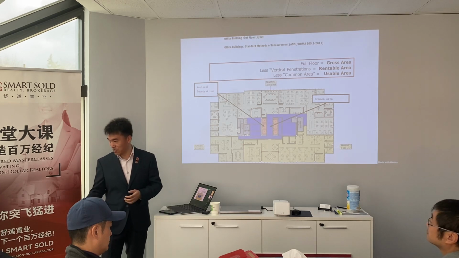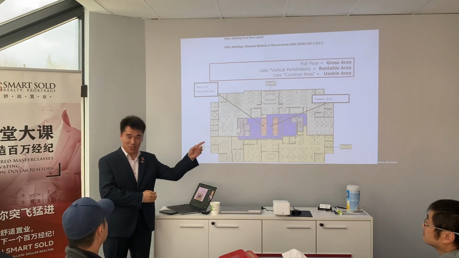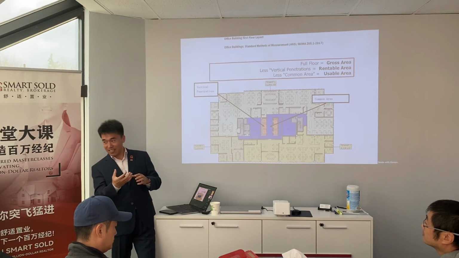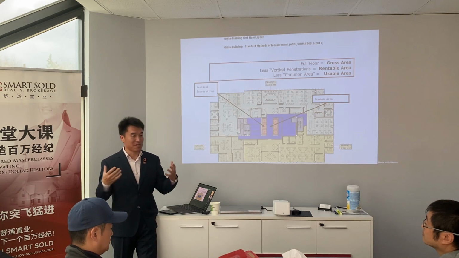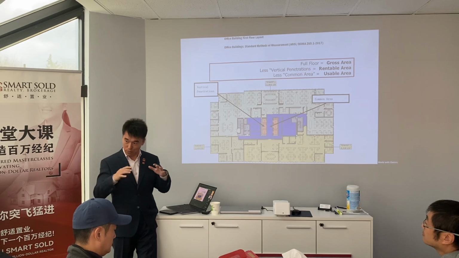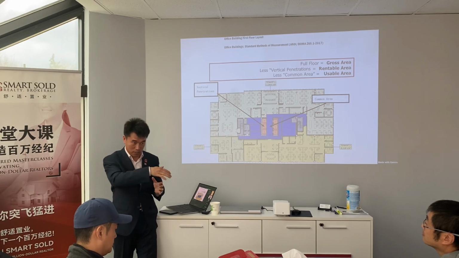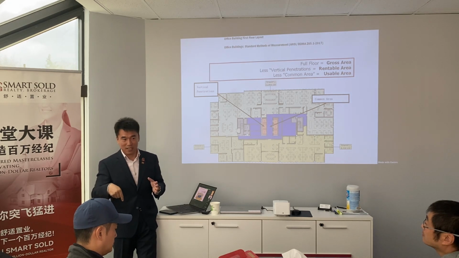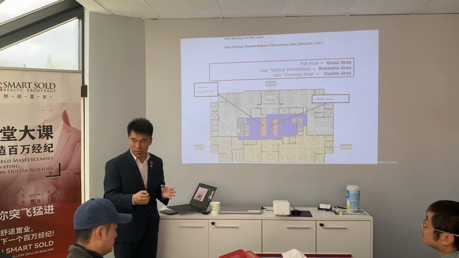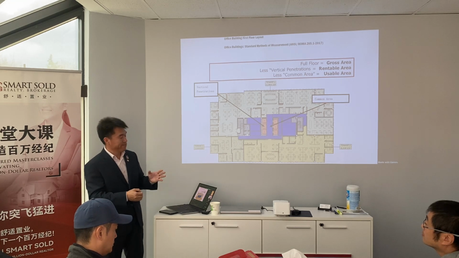I think we had that issue when we listed our unit. The tenant and the landlord had some argument about how much the square footage should be, because we had the whole picture and we cut it into two units, and the cut is not a direct cut. There's a different angle cut, so it's a little bit difficult to measure and define.